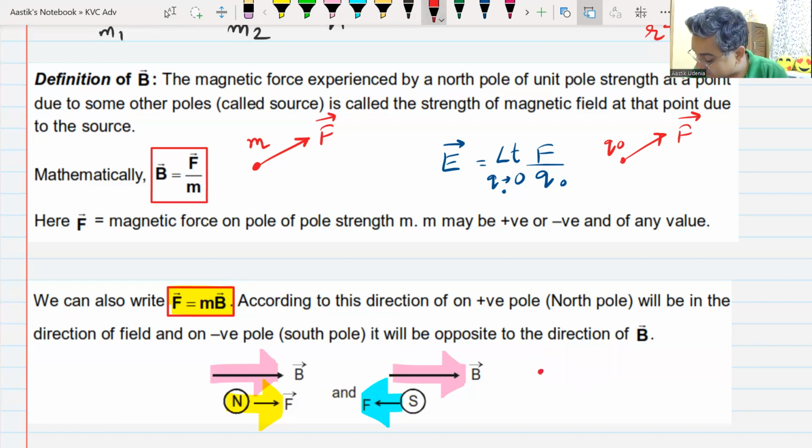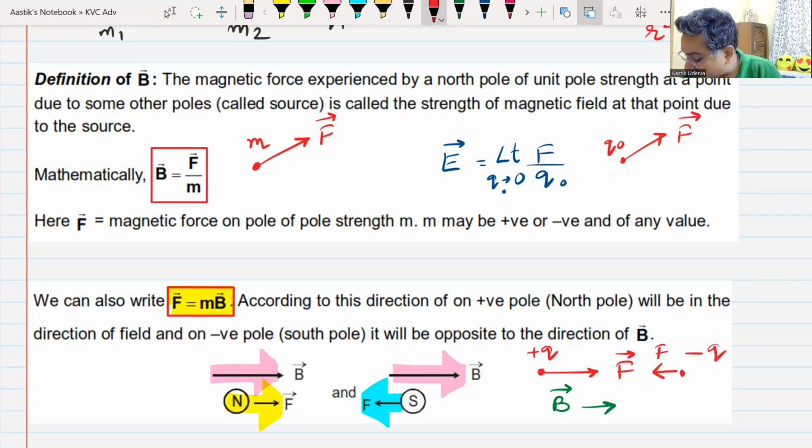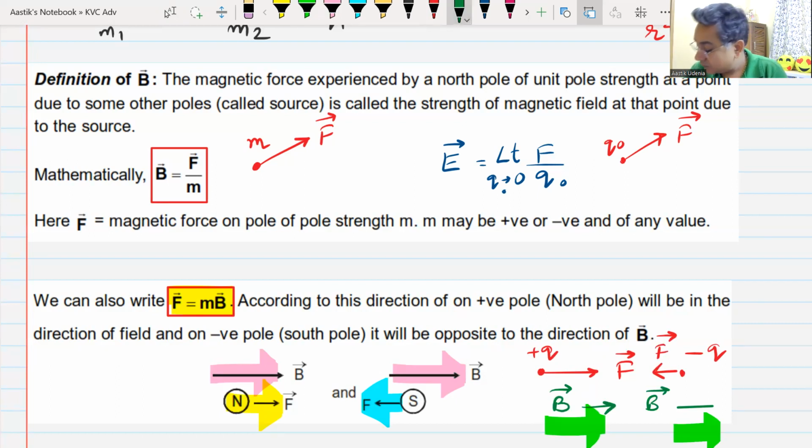Everyone understands this? If I have a positive charge, the force on the positive charge will be in the same direction as that of your electric field, but force on the negative charge will be in the opposite direction of your field.